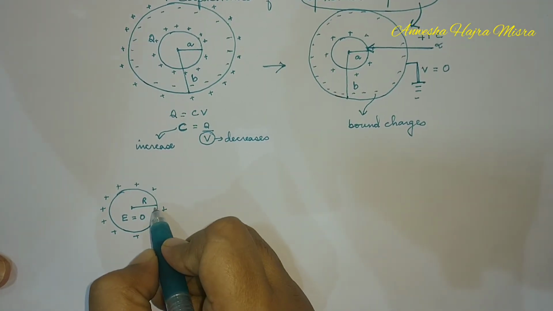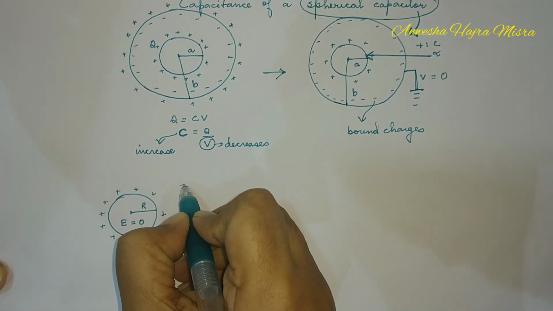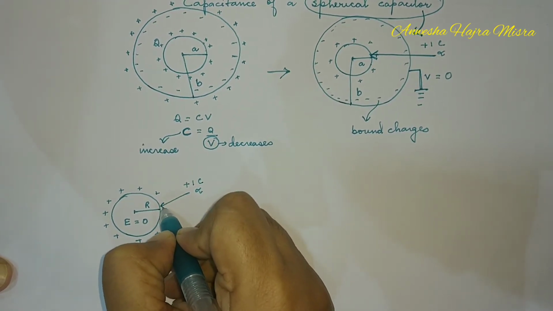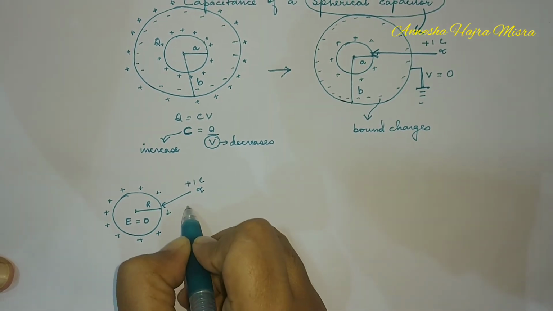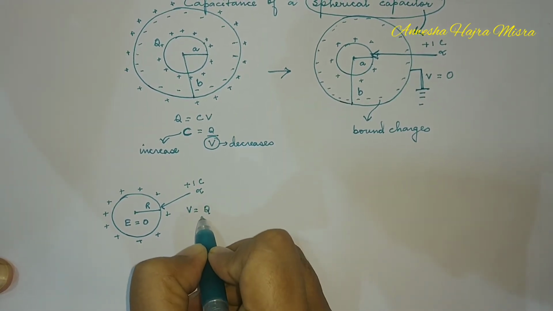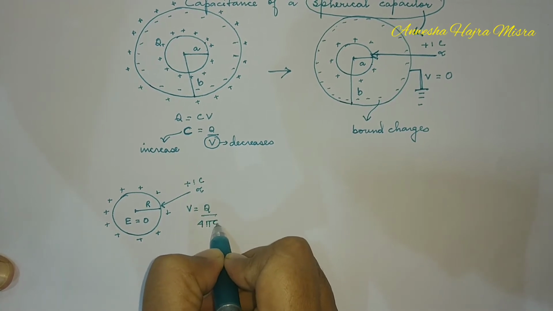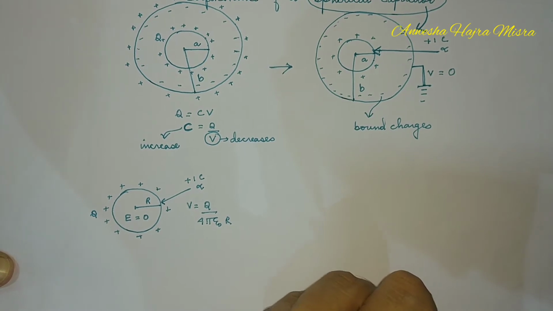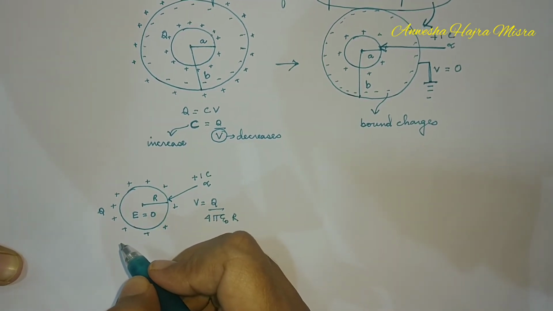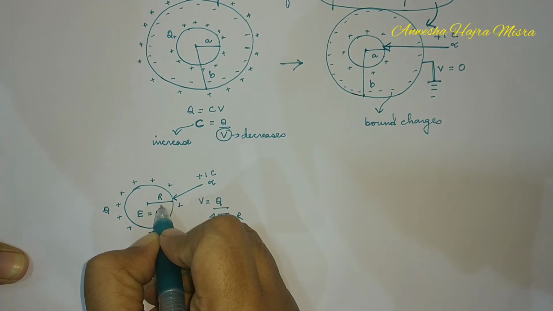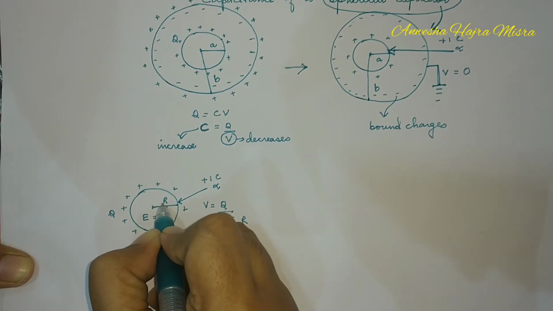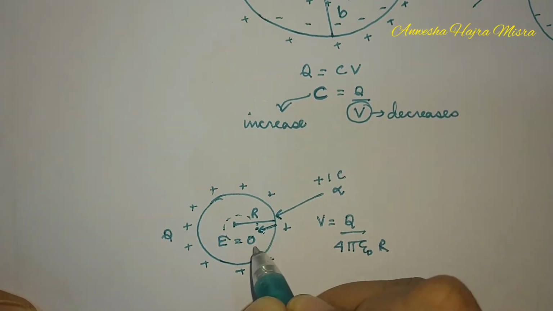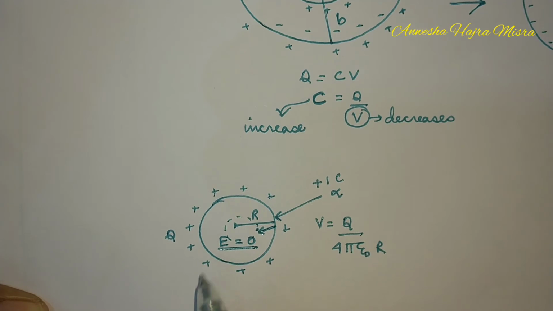So potential is the work done in bringing +1 Coulomb charge from infinity to the sphere. This potential is Q by 4 pi epsilon naught r, where Q is the charge on the sphere. Now when you take the charge to an inner point, somewhere here, no extra work is done as there is no force.